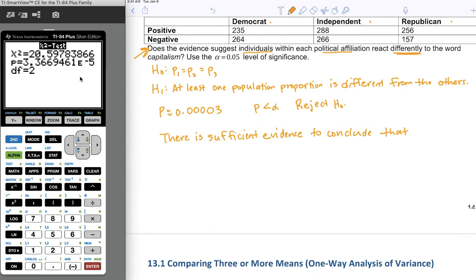To conclude that individuals within each political affiliation react differently to the word capitalism.